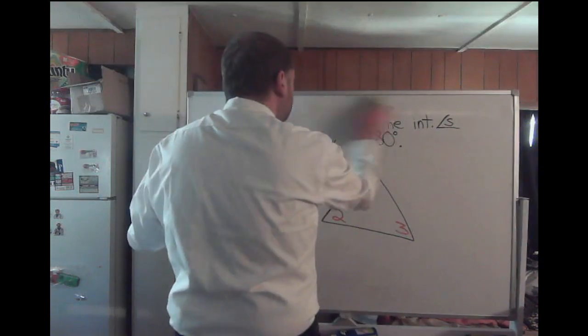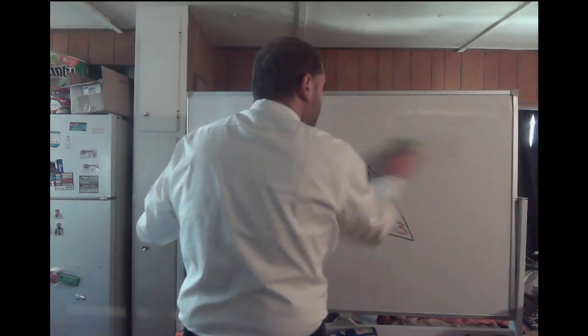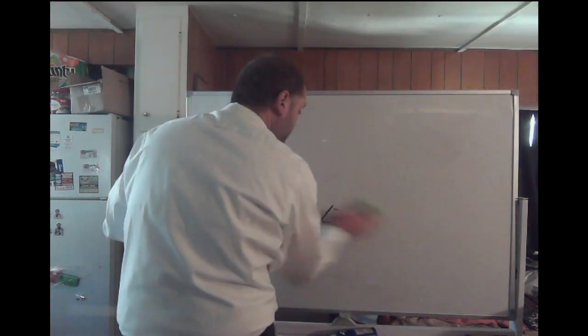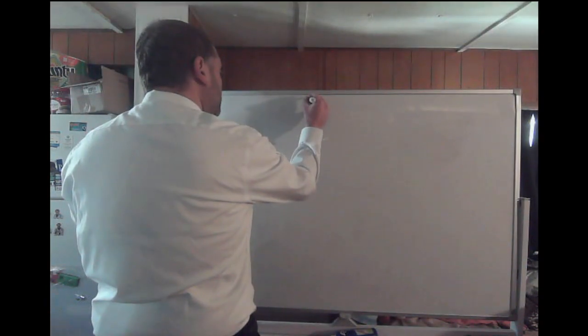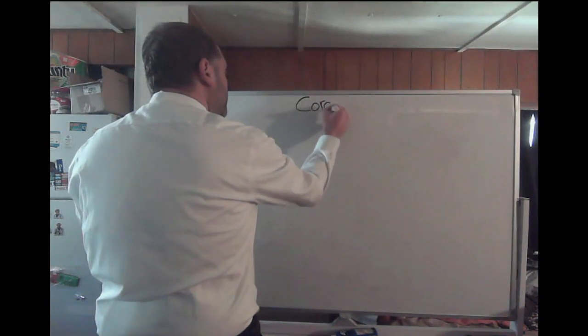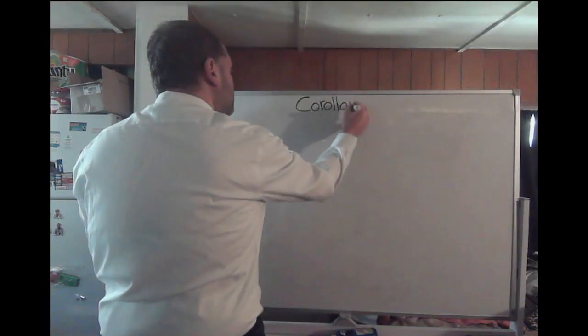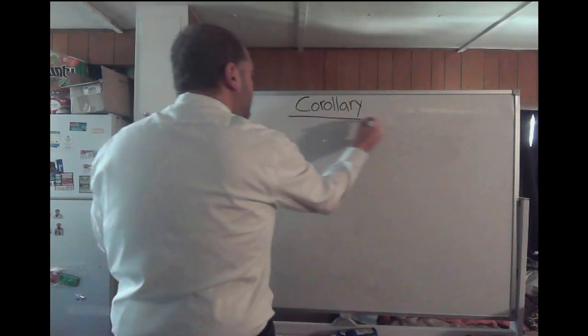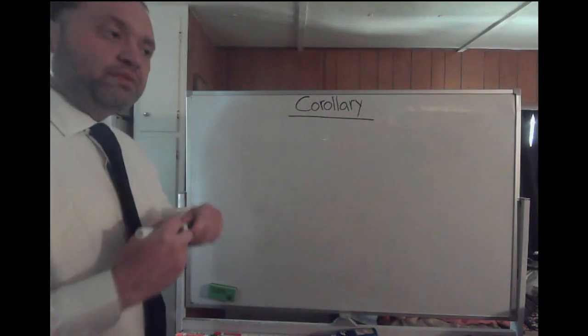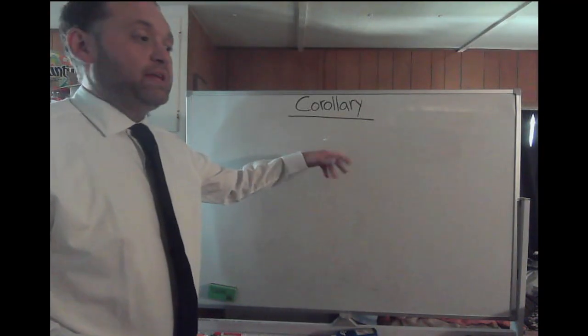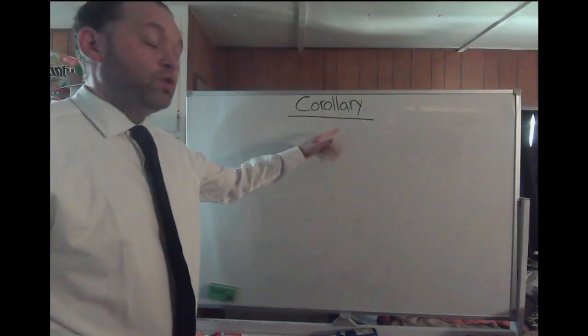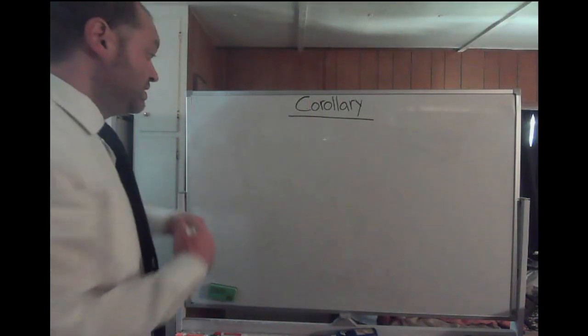Now we're going to move on to a few corollaries. You're probably wondering, well, what the heck is a corollary? So here's how a corollary is spelled. A corollary is like a sub-theorem of a theorem. They can easily be proven by the same theorem you've already used or by other theorems.